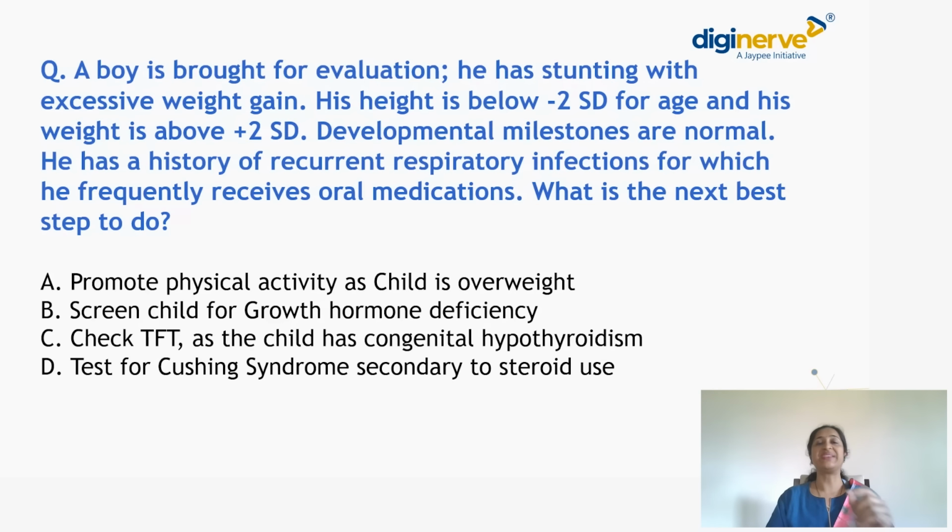Now, the next best step, always, when we have a condition, we should always try and eliminate the cause of the condition first before doing management measures. I'll give you an example. Suppose we have a child who is obese and is snacking heavily on junk food.